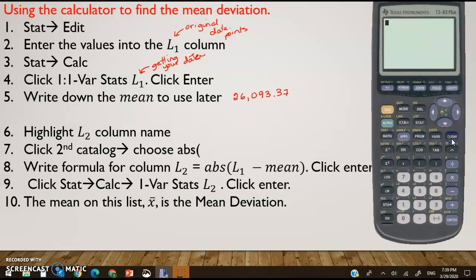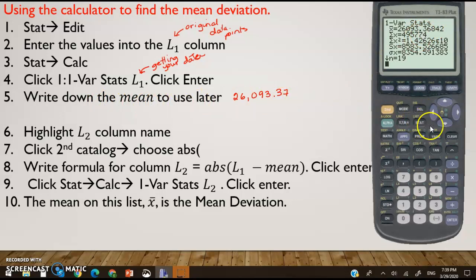Stat calc, one variable stats, from L1. There we go. There is my mean of 26,093.37, rounded. So, we write down the mean to use later.